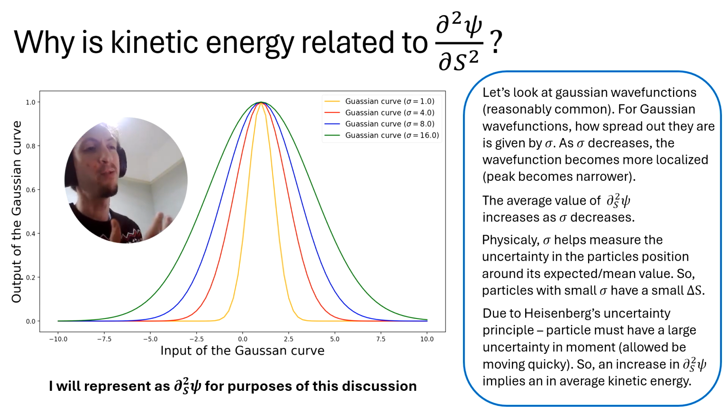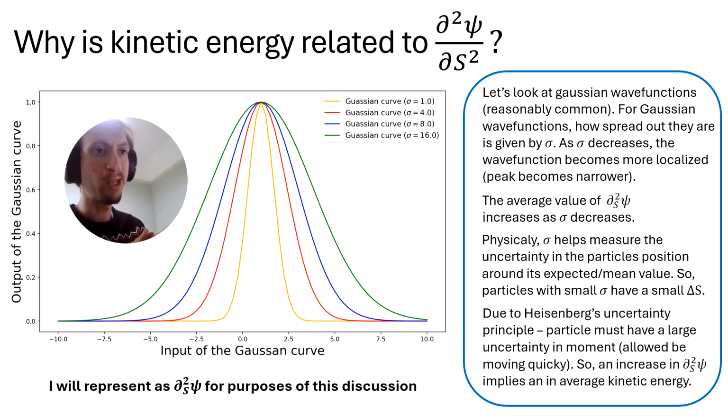Now, yes, I've used a Gaussian wave function, but it gets my point across well, so I'm happy to use a stationary state example with a Gaussian curve and then just encourage you to explore further if you would like to see more examples of this principle: that the second order derivative tells you about the kinetic energy of a particle.